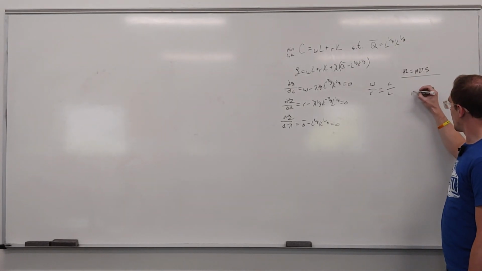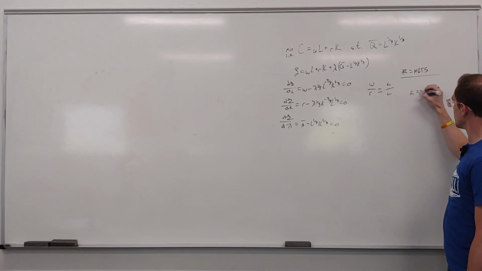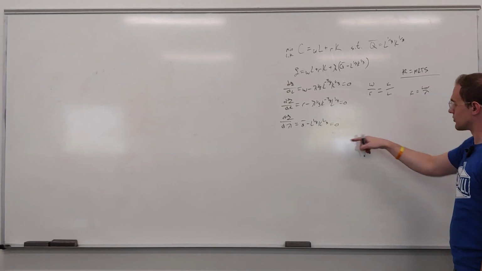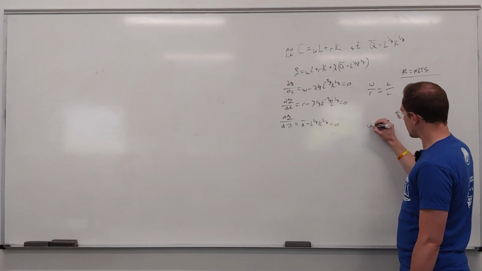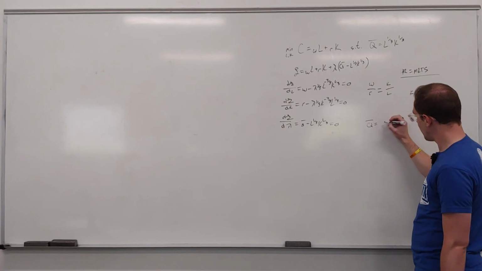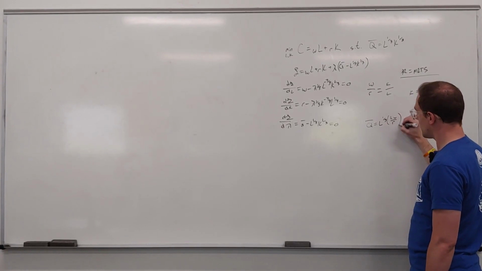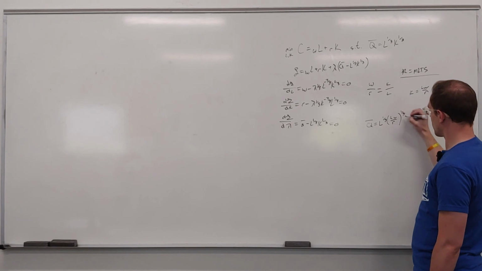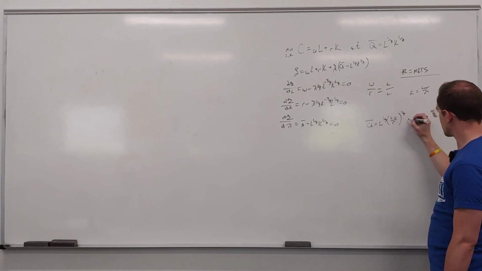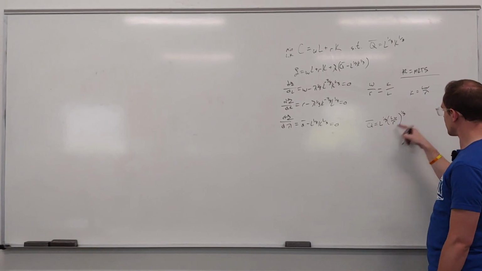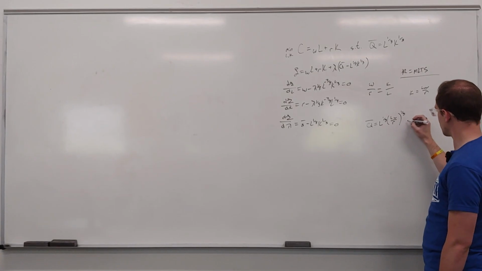So we'll solve for K here. K equals LW over R, and then plug that into our bottom equation. So we get Q bar equals L to the 1/3, and then LW over R to the 1/3. Okay, which cleans up to L to the 2/3, W over R to the 1/3.